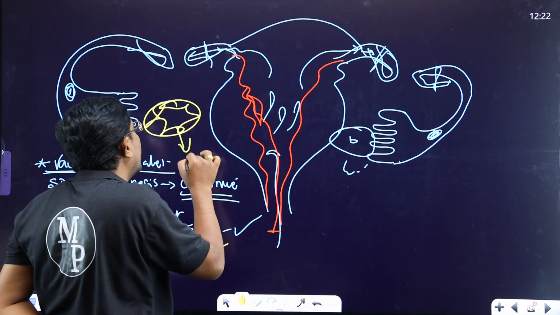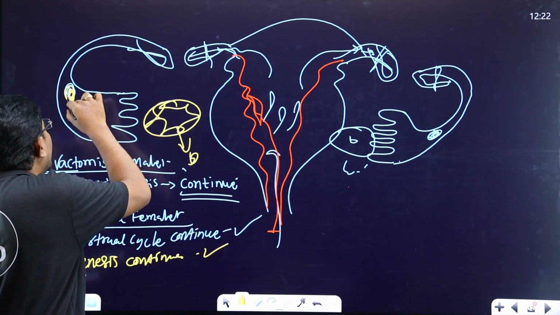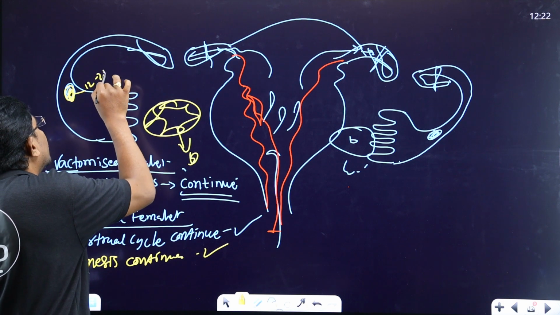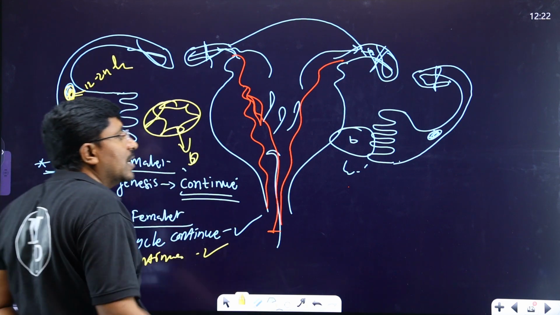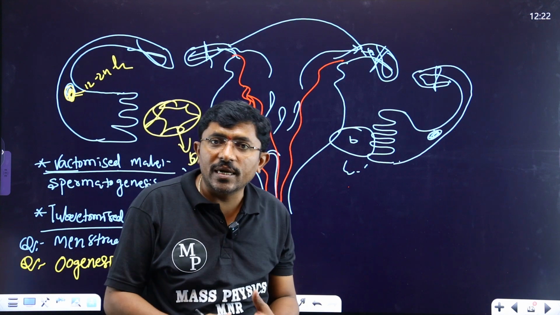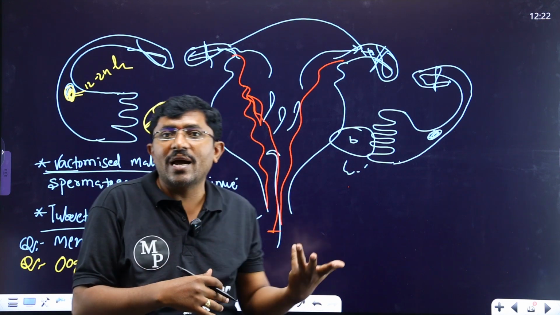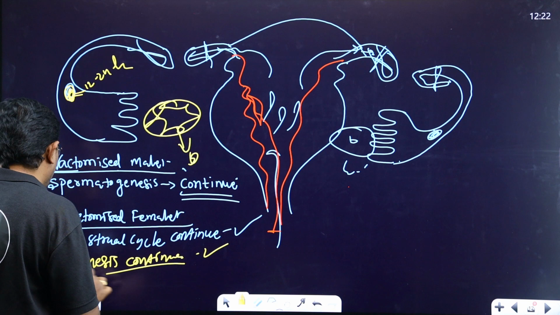As usual the ovulation occurs and the ovum reaches the ampulla region. After 12 to 24 hours, it will degenerate. The degenerated secondary oocytes are engulfed by the macrophages. That is clear.